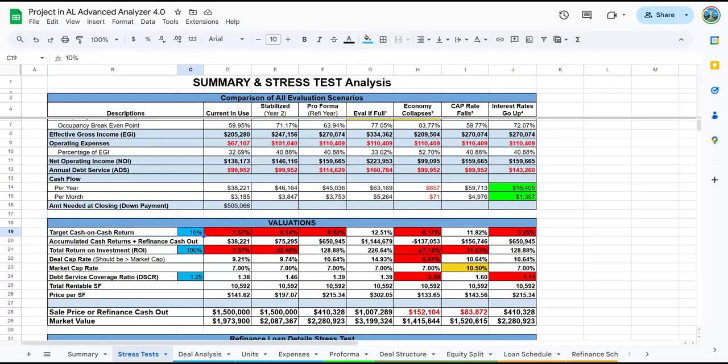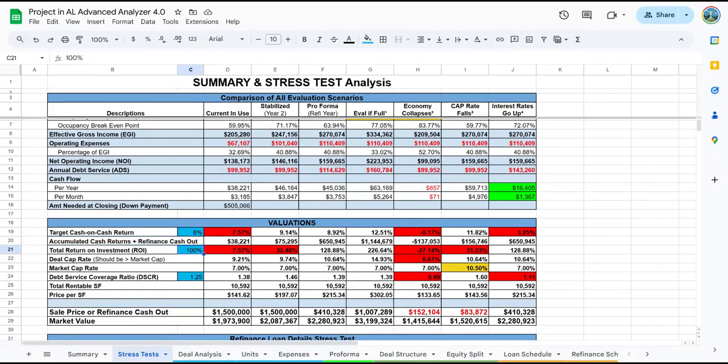And that is the cash on cash return for the year. I usually look for a 10% cash on cash return, but you can change it to a 7 or 8, and you'll see how once the benchmark is met, it'll get rid of the red notification.